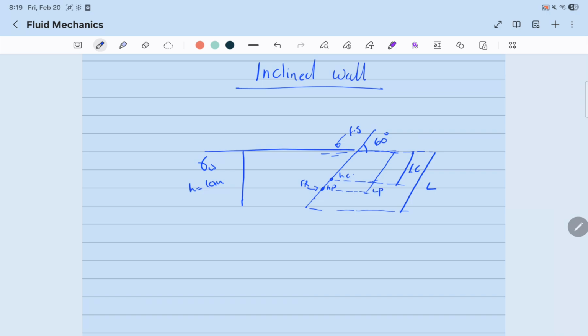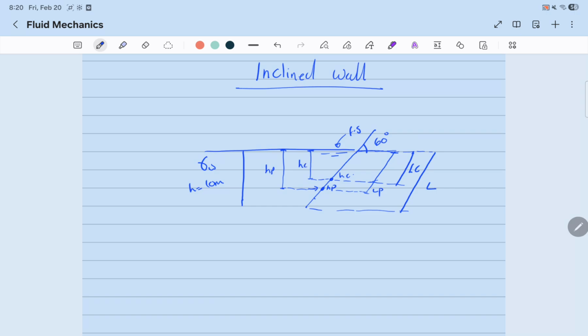On the left hand side, HC is the depth from the surface to the center of the wall, and HP is the depth from the surface of the fluid to the center of pressure, where the resultant force is happening.